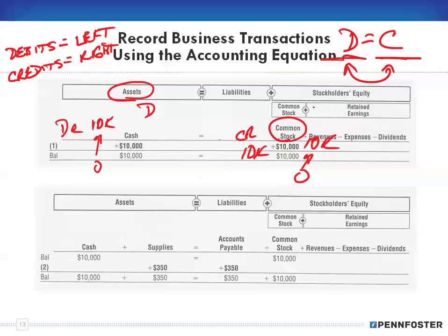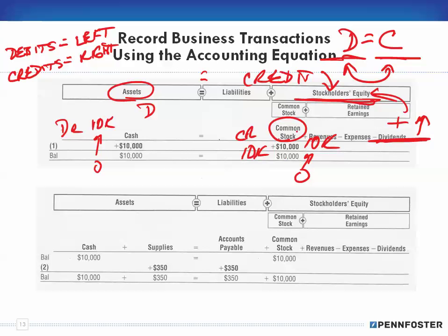Okay? So when I'm looking at the equity account, what is the normal balance of an equity account? Remember, the normal balance is what increases that category of account. Well, the equity account is on the right-hand side of the equal sign, so we credit the equity account to show the increase.